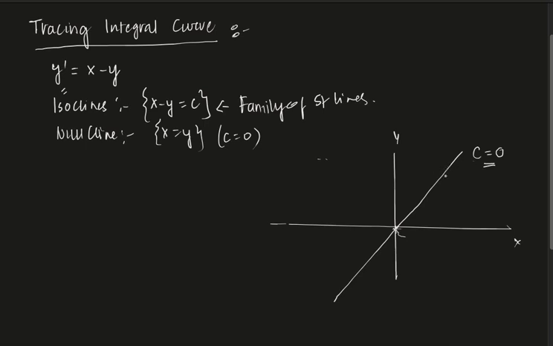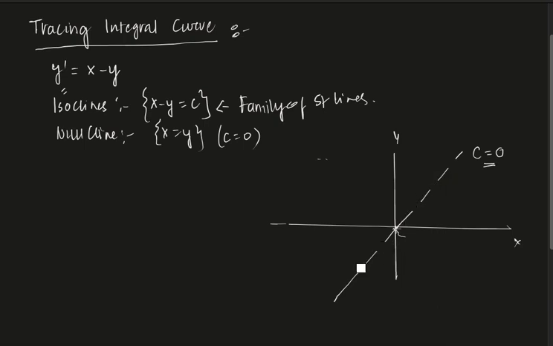So we are going to draw some slopes on this integral curve. First of all, we are not going to draw this line at all. We are going to draw small elements of the line, which we will call line elements, and we'll draw them like this.